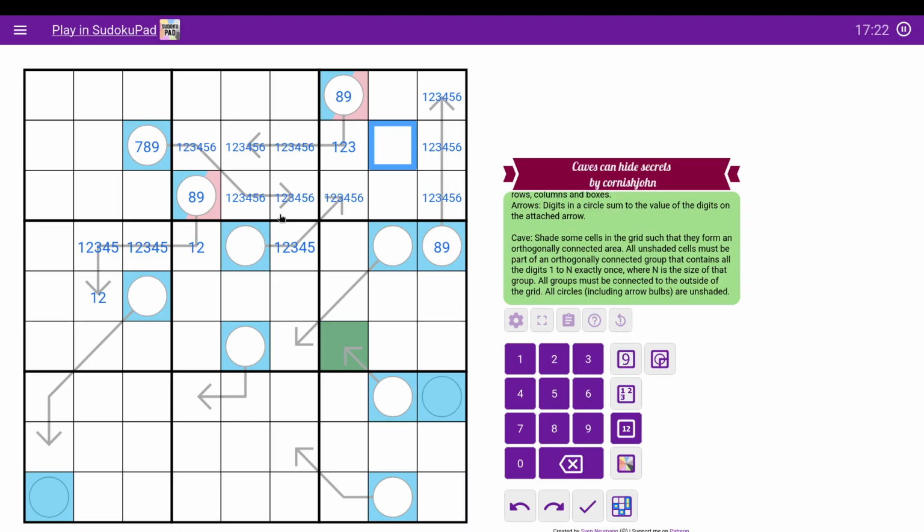I don't love it. How big can this be? This could just be 2? I mean, it seems unlikely. Okay, well, if this is 2, these are 1s. That's a bit of a mess.